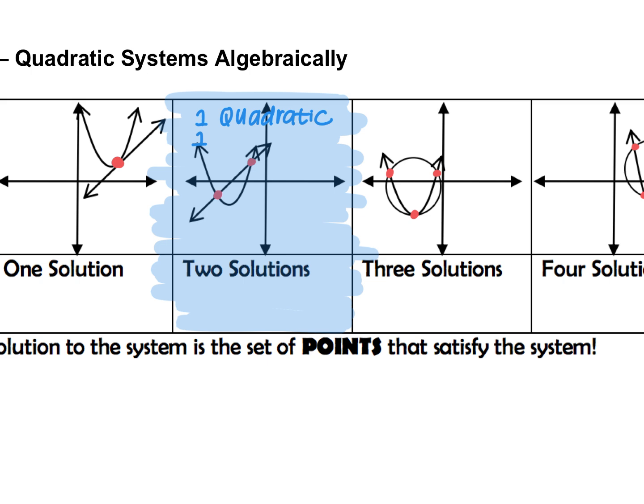What kind of equation would that be? Linear. So one quadratic and one linear equation, meaning one of our equations in our system is going to have an x squared. The other one is just going to have an x. But they're going to be set up the same. We're going to do two equations.